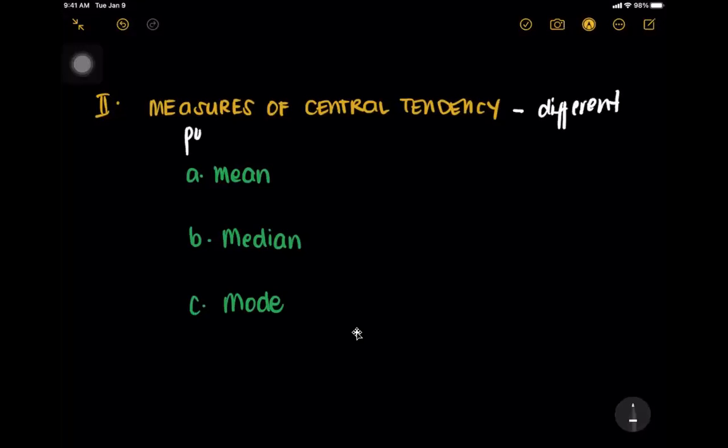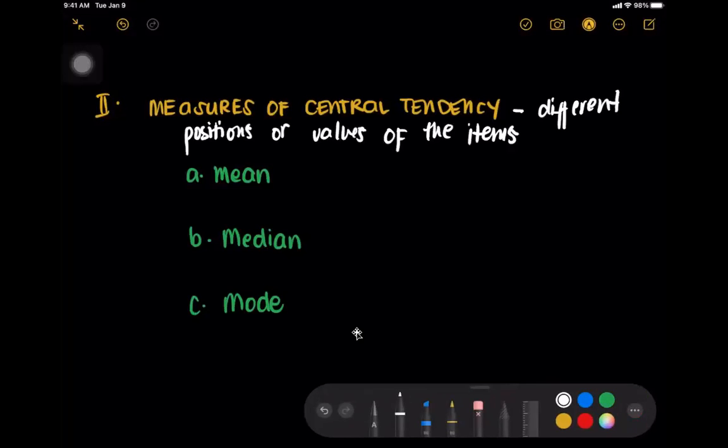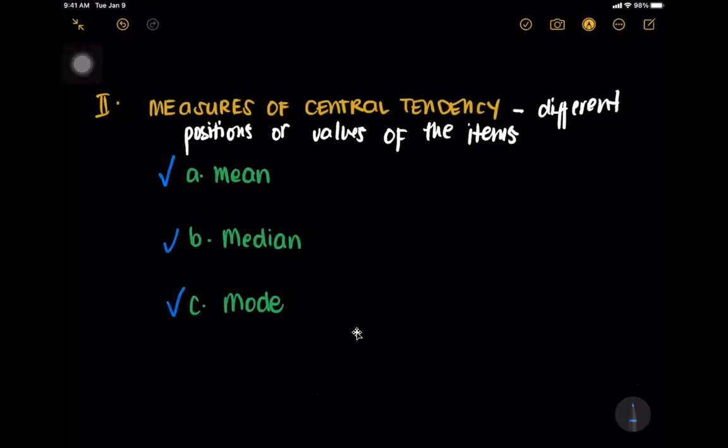The different positions or values of the items. Technically, because it's central tendency, it is the central position of your data set. It is composed of the following: your mean, your median, and your mode.